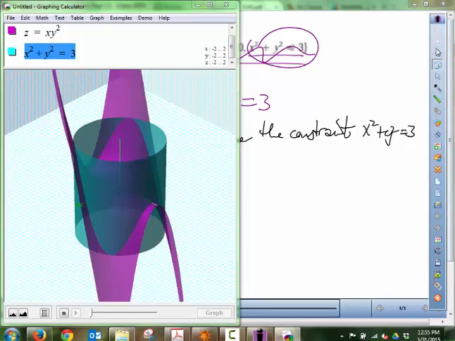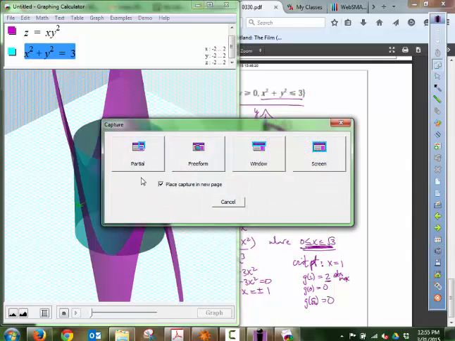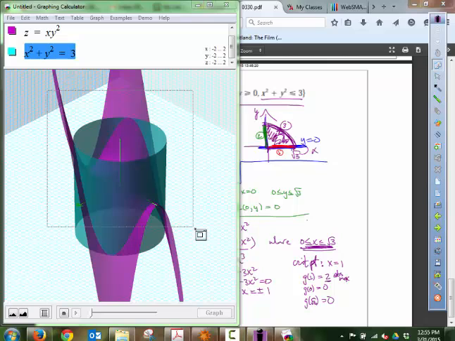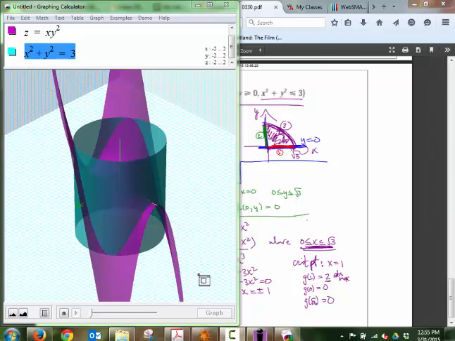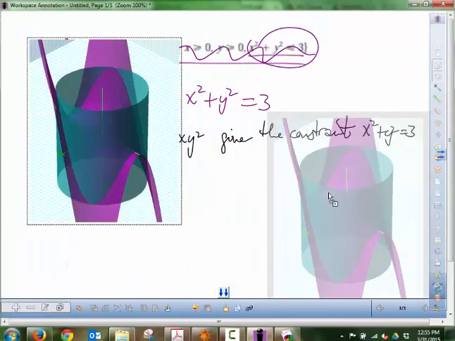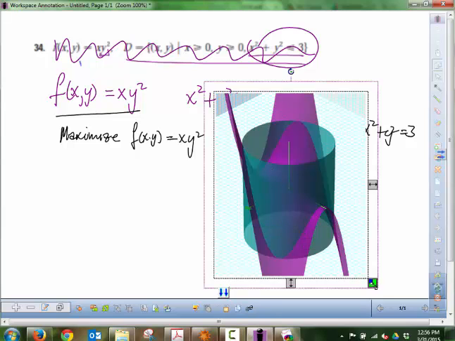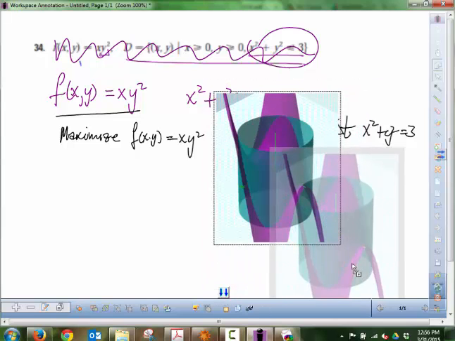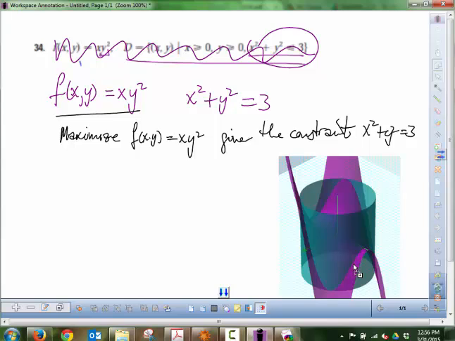What else? The direction of maximum increase. You guys remember all that? Is there anything else you remember? Perpendicular to a level curve.